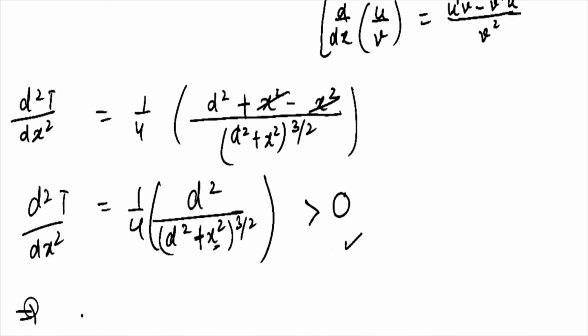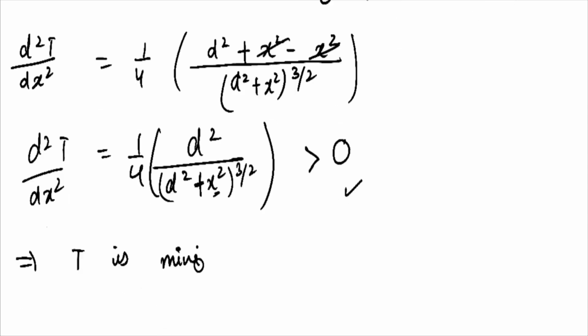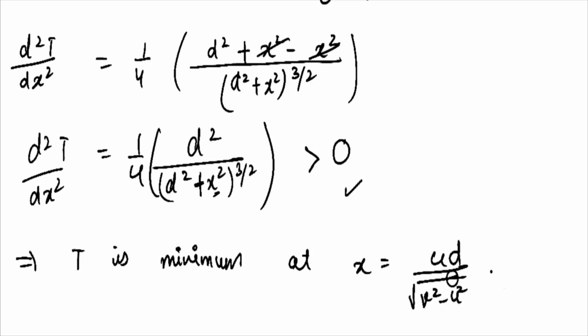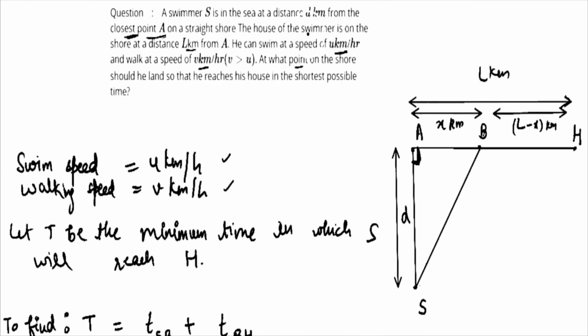So this implies that t is minimum at the point x that we have, ud divided by under root v square minus u square. So in the question we have to find the distance of the point B from A. So this distance will be the x distance that we have got, ud divided by under root v square minus u square, which is the required answer.